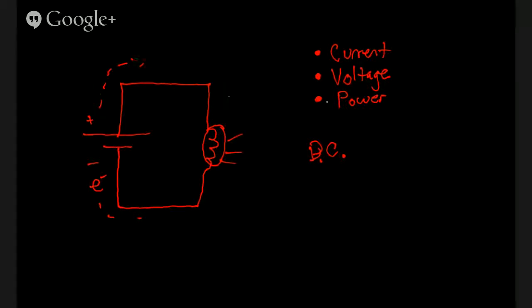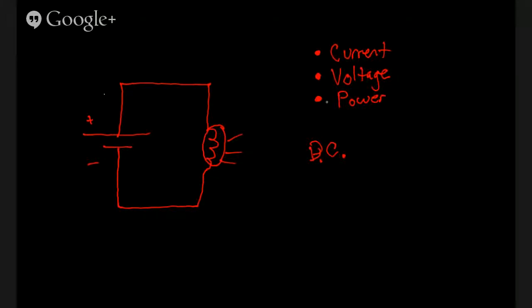So we refer to usually in a circuit diagram, we can think of it as flowing in either direction. It'll work with the equations, but sometimes it is important to know that this is the way electrons are flowing. But for the sake of our diagram, we'll do it both ways.